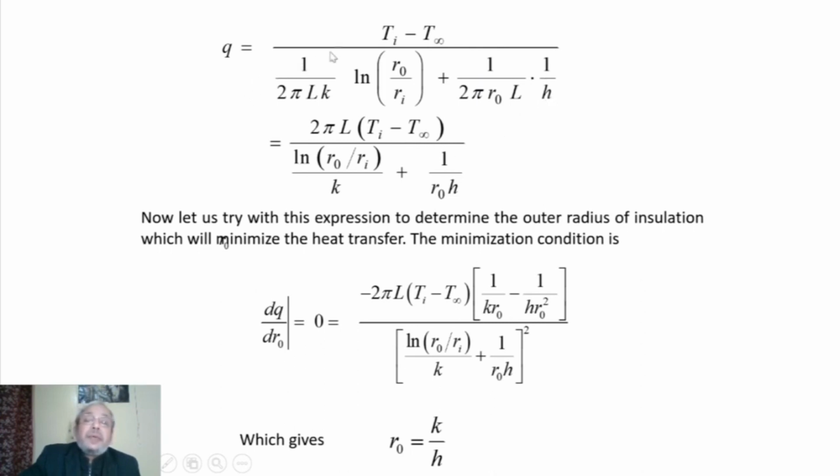So if we rearrange the terms, multiplying the numerator and the denominator by 2 pi L, we get 2 pi L (Ti minus T infinity) divided by ln(R0 by R1) by k plus 1 by R0 h.